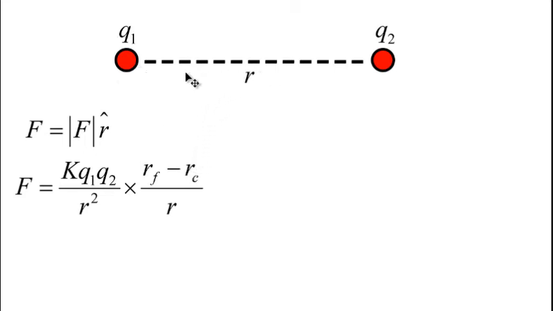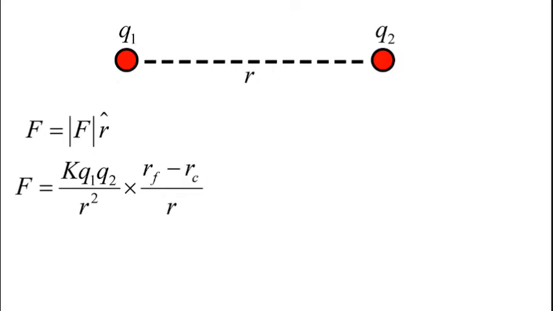Assuming we say find the force on Q1 due to Q2, Q1 is feeling the force and Q2 is causing the force. So we'll simply say the position of Q1 minus the position of Q2. So that's what we mean by this.